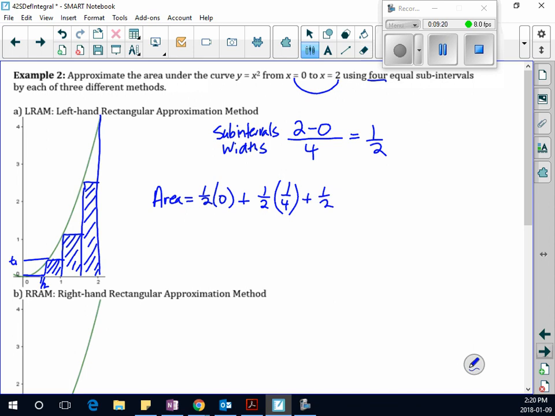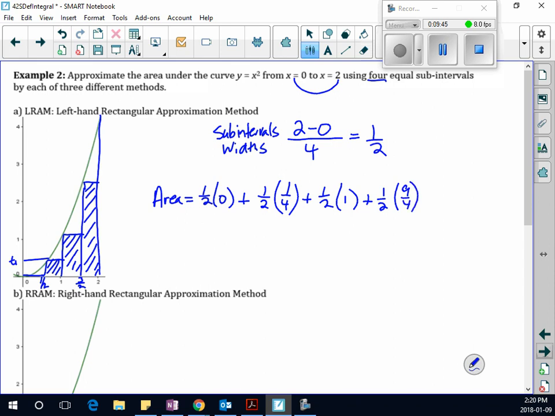We know all the widths are 1/2. So what's this height here? 1. Plus 1/2, what's this height here? So this is 3/2. If I put that into the formula, I'll get 9/4.